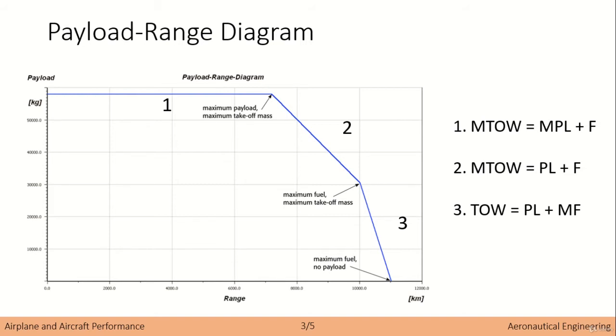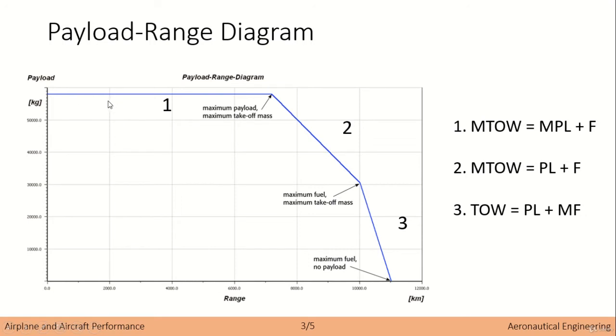Now, what I mean by this is that if we are traveling very short distances, say from 0 to 2000 kilometers maybe, we will be able to fit all of the people that want to go on the aircraft, and there will be absolutely no problem.